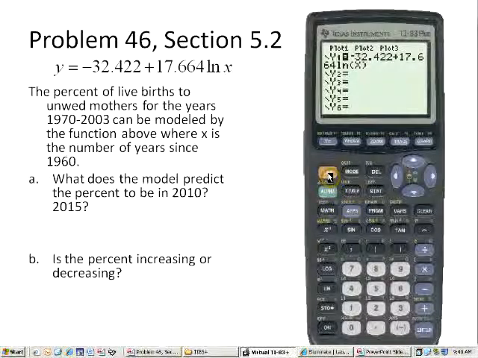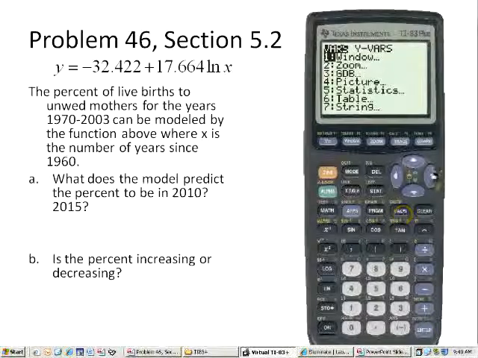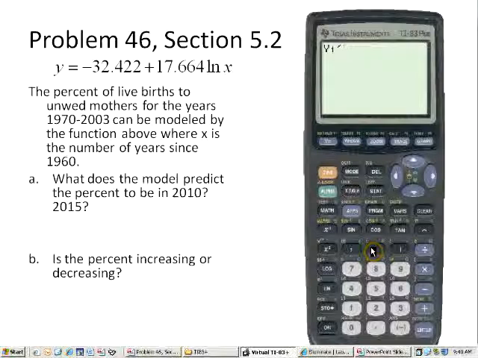Now we can get out of here, and one way that we can do this is to put in what we need directly into the calculator. Let me go into the vars menu, to y variables, function, and choose y1. After this, inside of parentheses, we put the x value that we want.